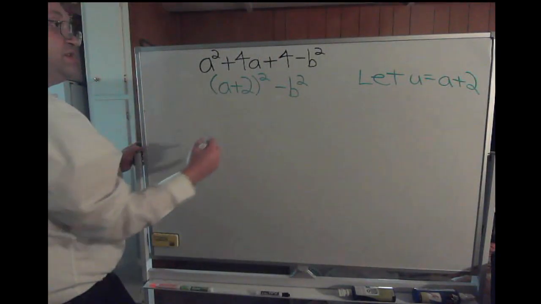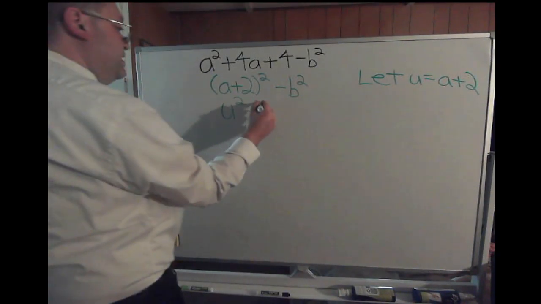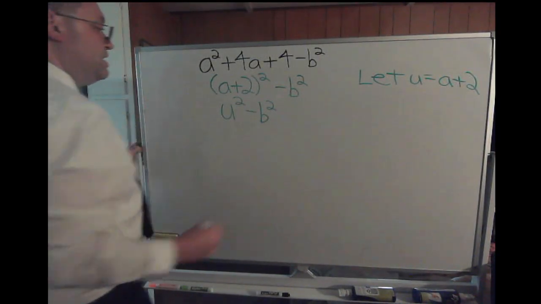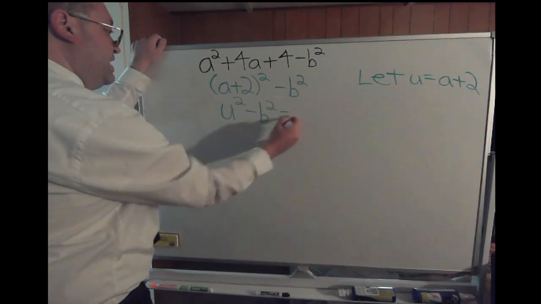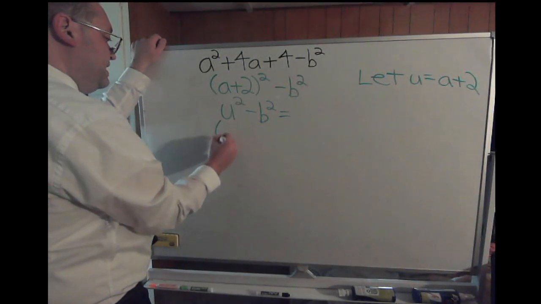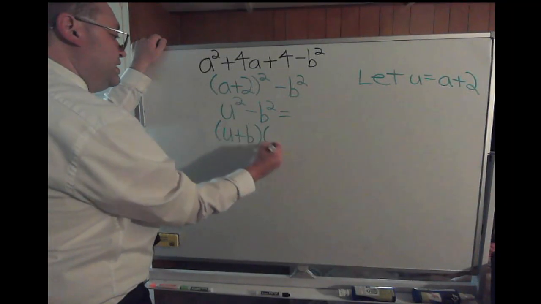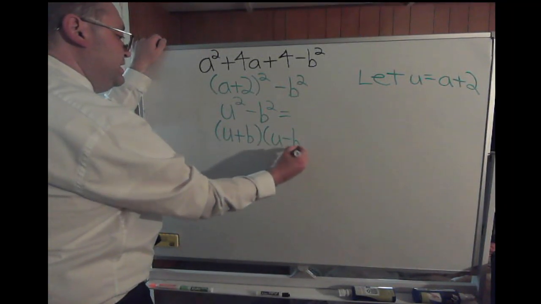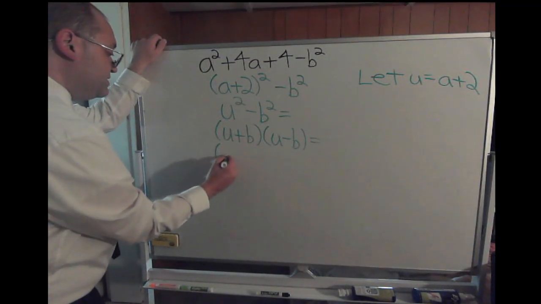We do another u substitution. A plus 2 is u. You would get u to the second minus b squared. Much easier to work with, right? So let's go ahead and factor this out. You would get (u plus b) times the quantity (u minus b), which now we put the value of u back in, which is a plus 2.